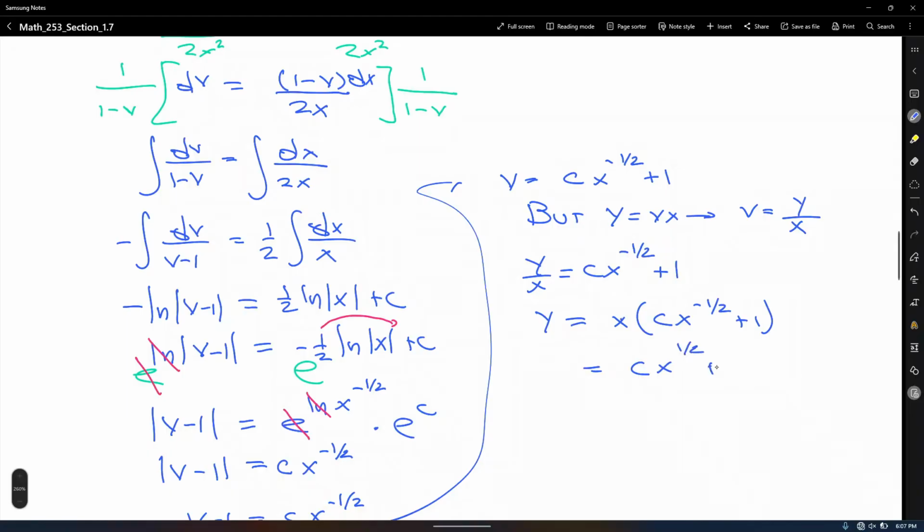And x times 1 equals x. So this is c square root of x plus x. Final answer.